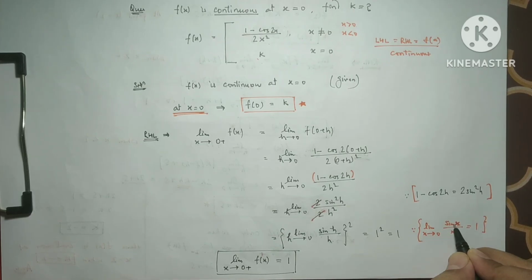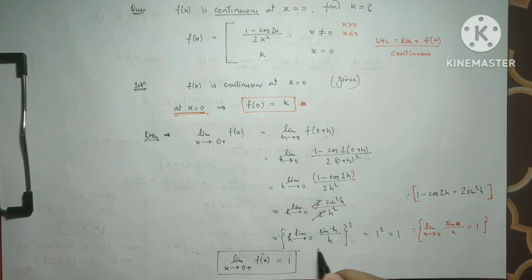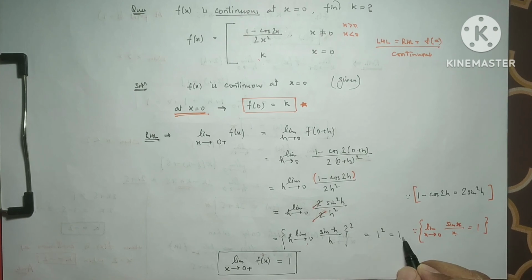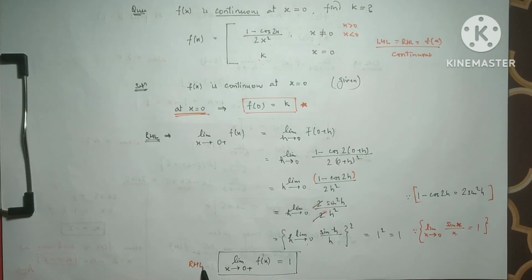Limit x tends to 0 of sin x over x, where the angle and denominator are the same, its value is 1. On squaring it is 1 square, so it is 1. Or you can say the right hand limit of the function is 1.